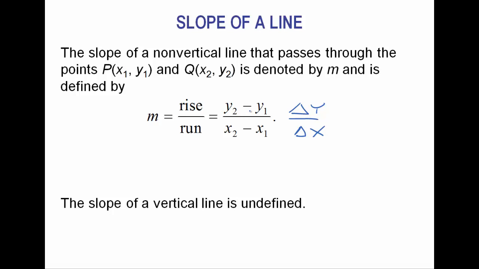The slope of a vertical line is undefined because it has no change in x, right? So you're dividing by 0. And something we'll talk about later, a horizontal line, right, has no change in y, so its slope equals 0.